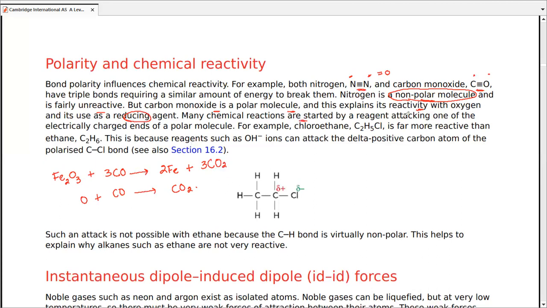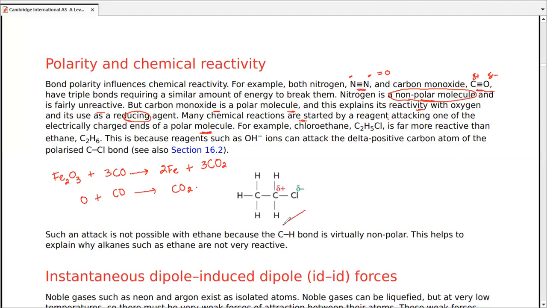Many chemical reactions are started by a reagent attacking one of the electrically charged ends of the polar molecule. That's the reason this one is so reactive, since this would become its partial positive and this would become its partial negative end.